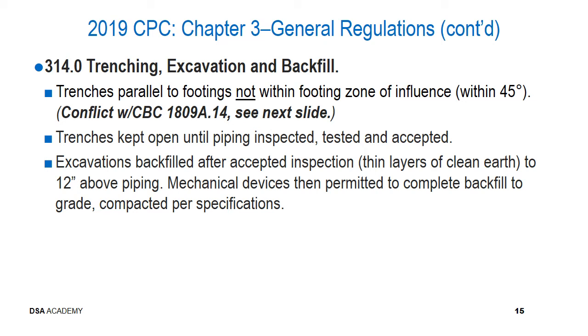Mechanical devices are then permitted to complete backfill to grade, and compaction should proceed per the specifications. So what we're going to see is these trenches around piping systems in the ground are going to be backfilled and compacted basically by hand, okay, with clean fill, which is generally a type of sand that is specified to achieve 100% compaction by basically applying it. So that's important to remember.